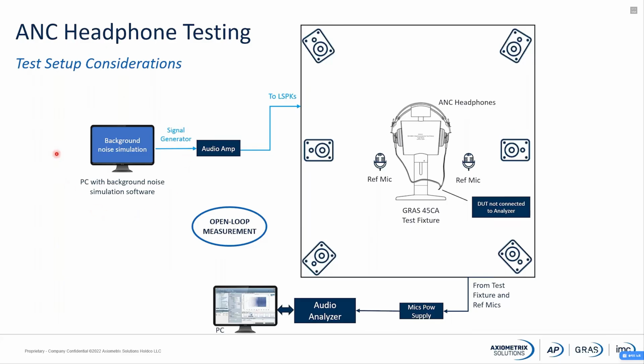This could be the case, for example, where we already have software to perform the background noise simulation and want to keep on using that. You can still have a setup like this and use an Audio Precision system for acquiring the signal and doing the signal analysis.